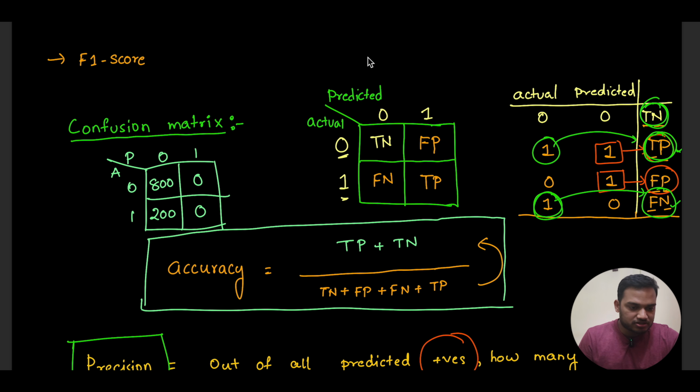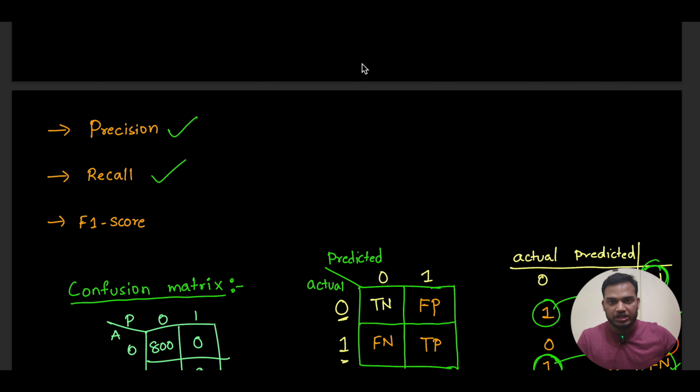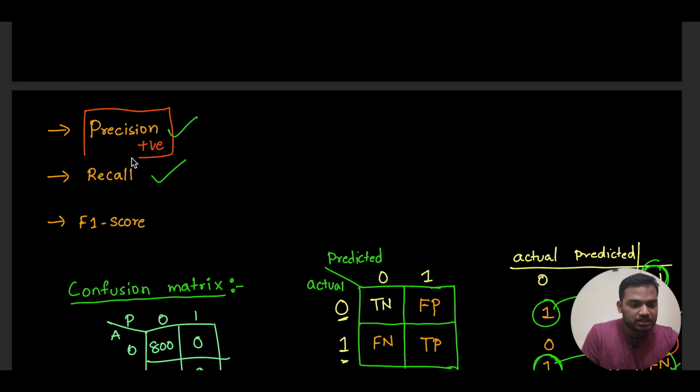Whatever we have discussed in the previous few videos, all of it is related to only the positive class. So the precision that we have discussed till now is only related to the positive class, and similarly the recall, and F1 score too, are only related to the positive class.